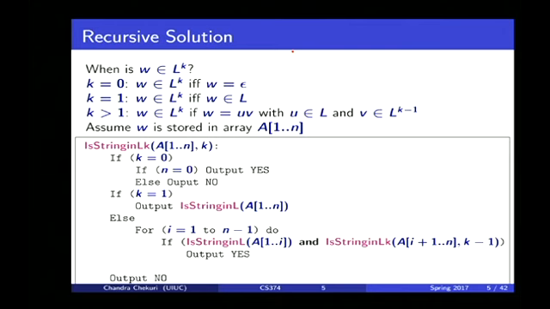Otherwise, you break up the string: you check whether the prefix is in the language and the suffix is in the language L to the k minus 1. Simple enough.